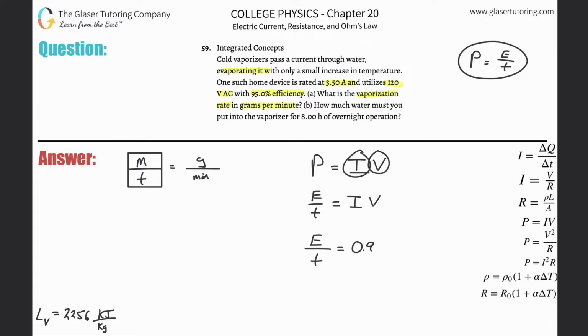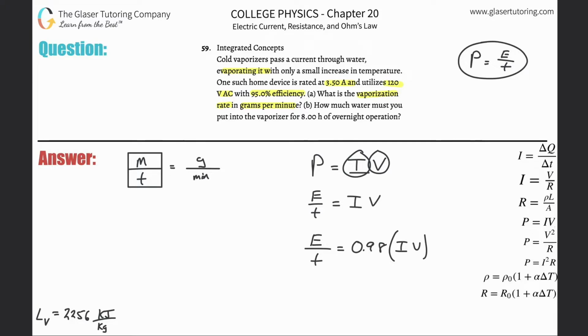Remember, whenever you do math with percents, you have to use a decimal. I'm going to plug it in on the right-hand side, just like so. This means 95% of whatever current and voltage is supplied is going to be translated directly to the power.